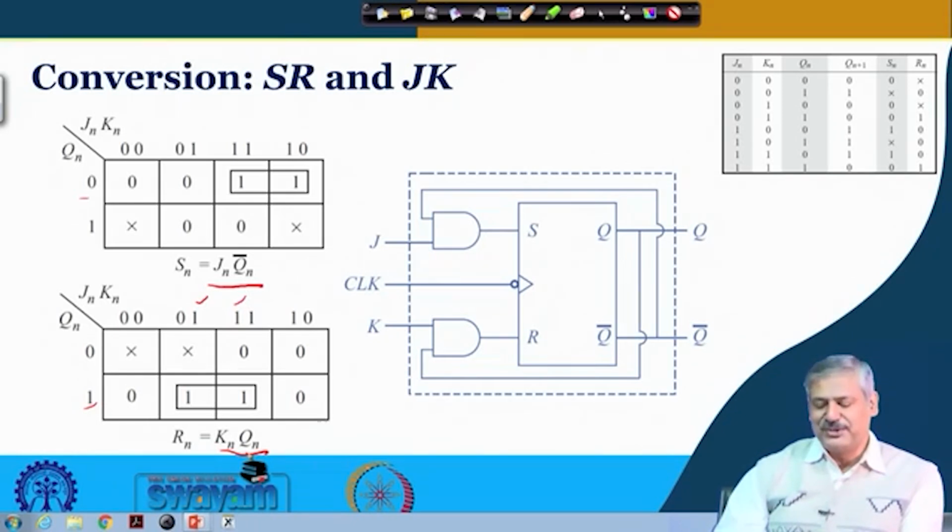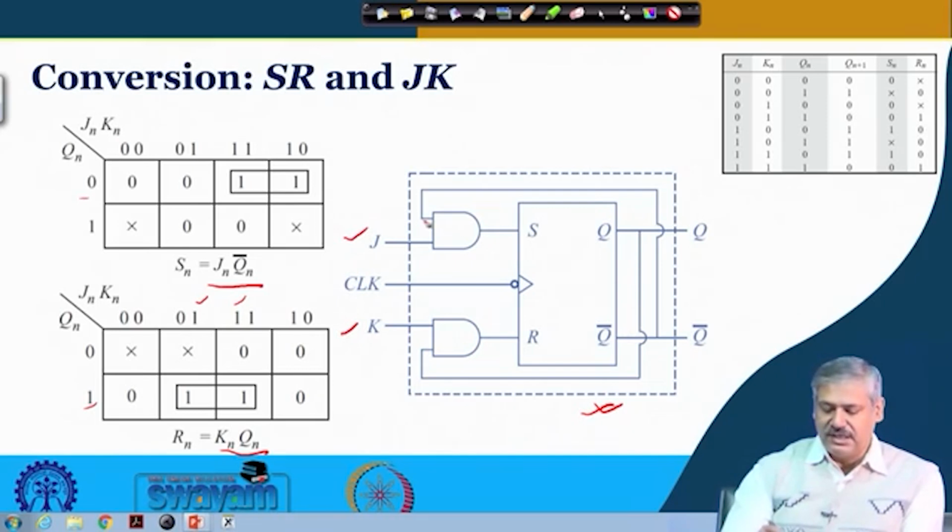Now, we can get the circuit as we see over here. This is your basic SR flip flop, with Q and Q bar generated internally in the SR flip flop. J and K are the external inputs.